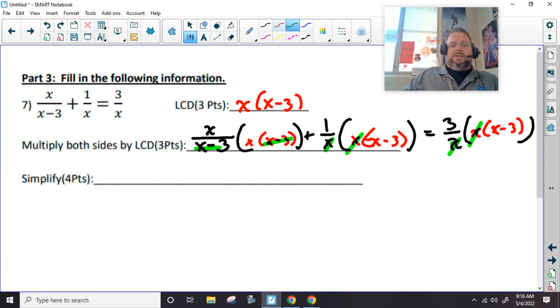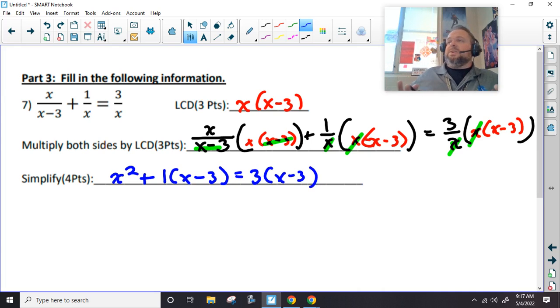So what we're left with is x times x is x squared plus, and you could write it like this if you wanted to, 1 times the x minus 3, equals 3 times x minus 3. And that's it. That's all you have to do. You don't have to solve it. Some of y'all are like, I solved it. Well, you just went too far. You done did it.